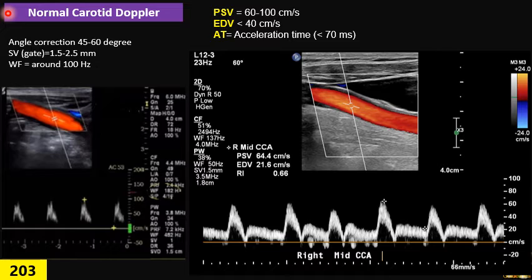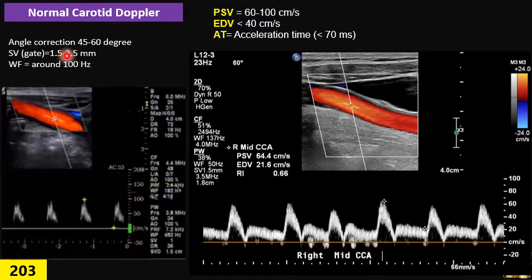For carotid Doppler, we have to keep in mind and set up three important parameters. One of them is angle correction, which should be between 45 and 60 degrees. The most important point is that for follow-up of a patient who has a previous study, the new Doppler study should use the same angle correction.